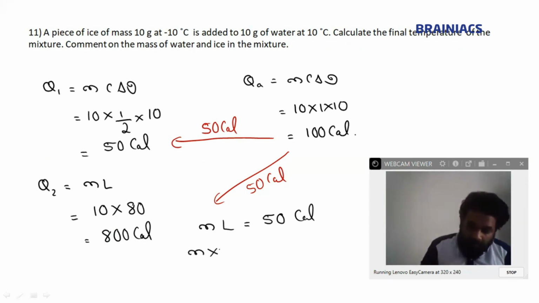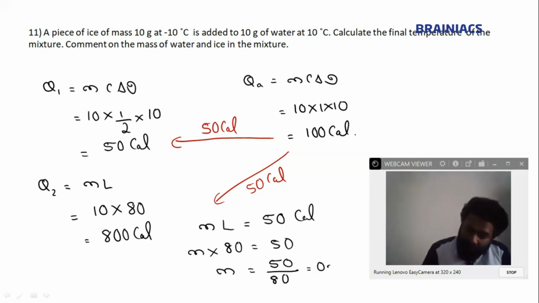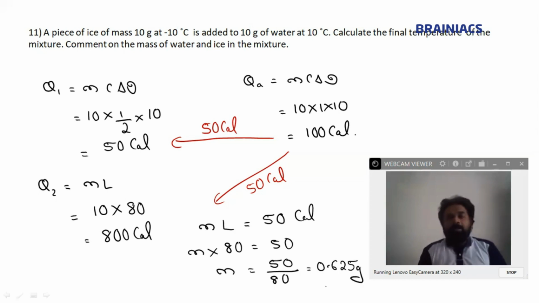M we do not know. Latent heat of fusion is what? 80. This is equal to 50. So mass of ice converted into water is how much? 50 by 80, which is nothing but 0.625 gram.